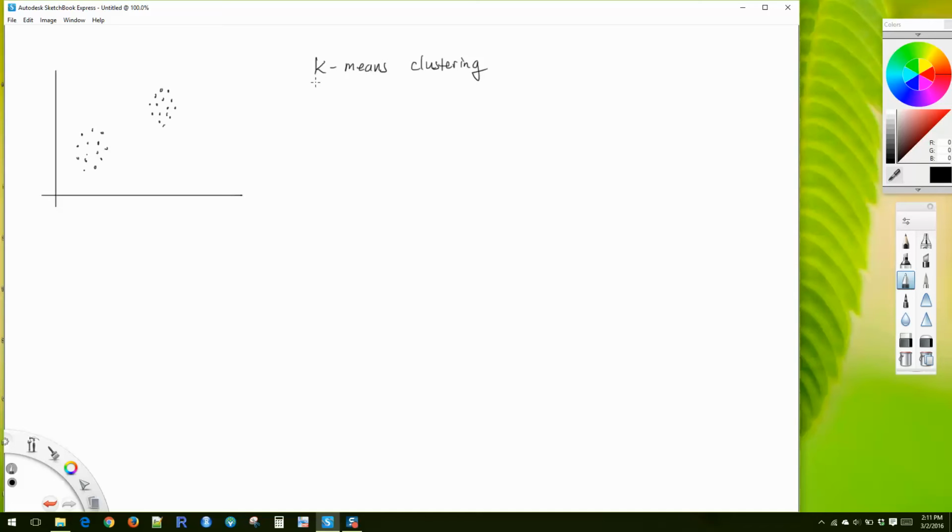So we try to fit k clusters to the data, and we try to minimize the total squared distances, which we might abbreviate as the TSD. That's what we're trying to do.